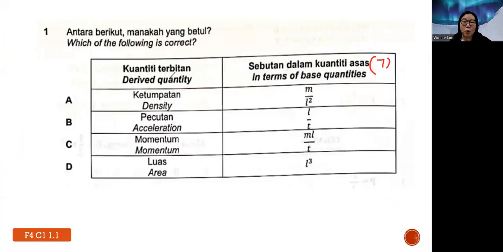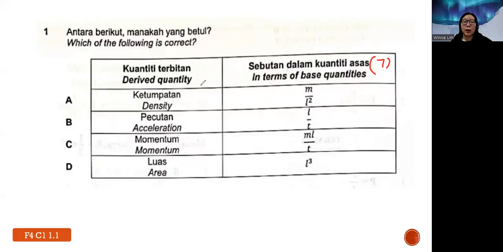Well, what is a derived quantity? A derived quantity is a quantity you get after a mathematical operation like multiplication or division, or both, on 2 or more base quantities, giving you a new quantity.